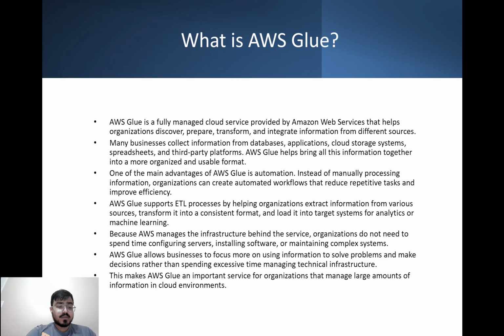Because AWS manages the infrastructure behind the service, organizations do not need to spend time installing software, managing servers, or maintaining complex systems. This allows businesses to focus more on using information to solve problems and make decisions rather than spending time managing technical infrastructure.